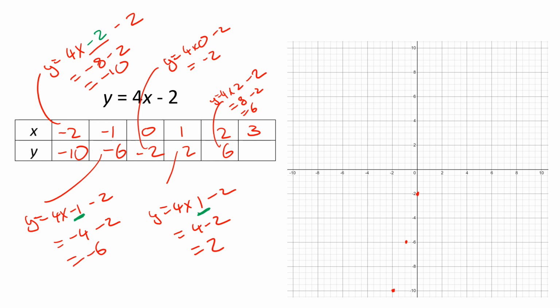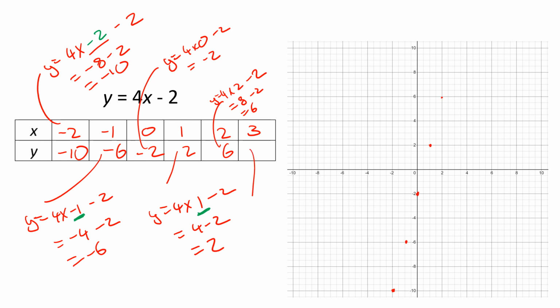So the next one would be x. Okay, for some reason I've just realized that this one here is not showing, so that would be there. The next one would be x is 2, and I need to go up to 6. Okay, that's about there.